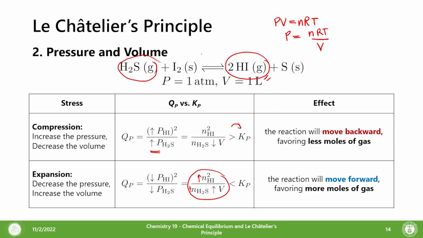So it's dependent on the reaction. If you have more moles of gas produced in your reactant side, then this whole relation will be reversed. Okay? But in essence, what we want is to look at this. Compression favors fewer moles of gas. Makes sense.